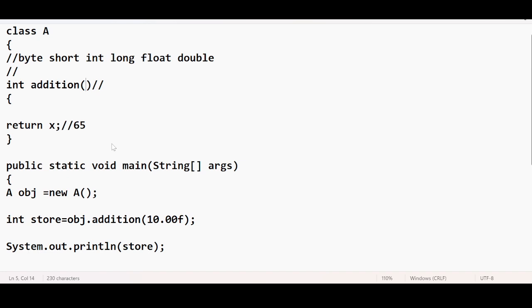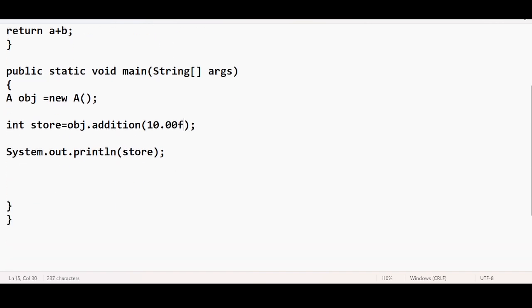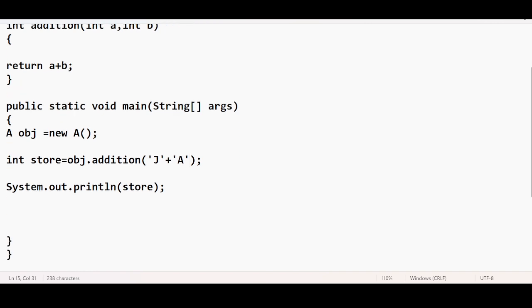Now you tell me, integer A, comma integer B. Now I am doing A plus B. Let me remove this. So I am passing J plus A. Now you answer me.